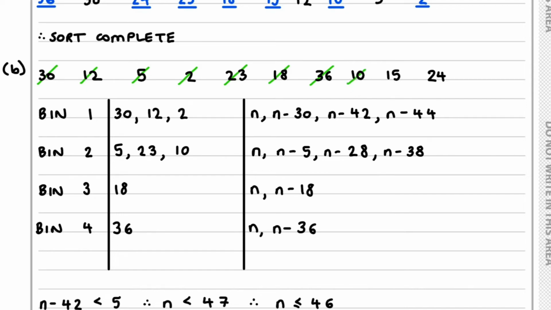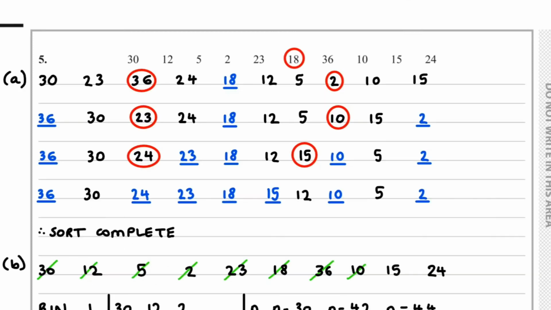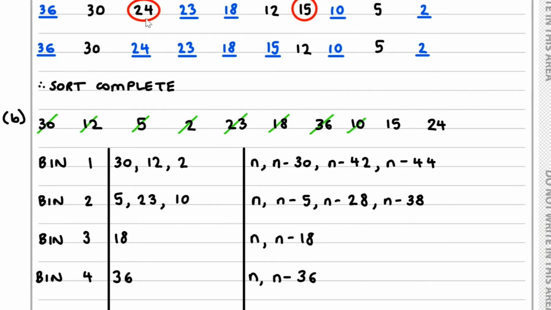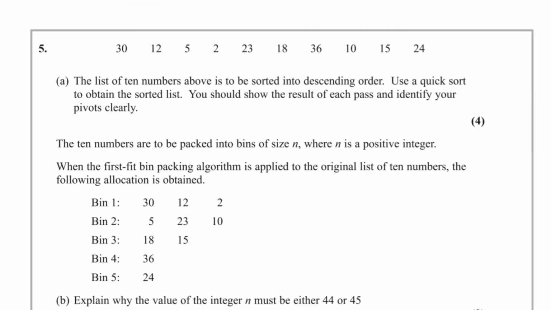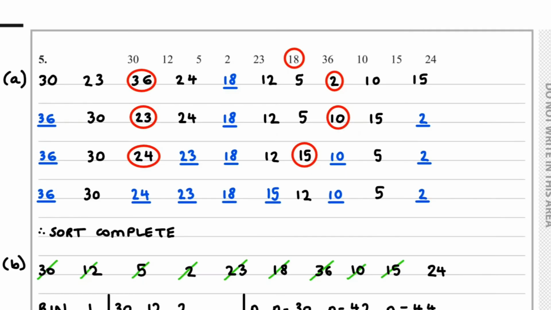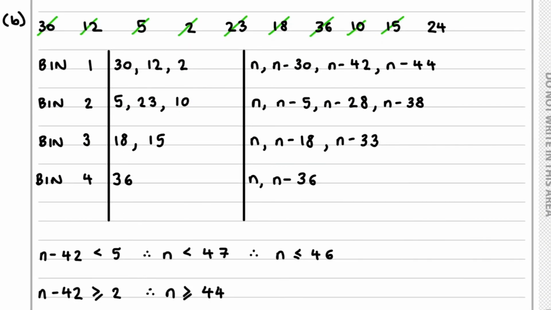We now need to place the 15 somewhere. The 15 has been placed into bin number 3, so 15 would go here, and the remaining space, n minus 18, take away another 15, that's n minus 33. So now we've used up the 15, we've now got to place the 24 somewhere. That's been placed into a new bin, bin number 5.